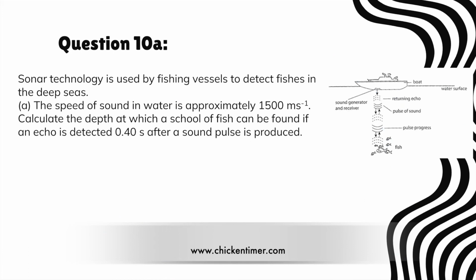You see that this drawing is somewhat similar to the drawing you have just now. What is 1500 meter per second minus 1? This is 1500 meter per second. Then what's the minus 1? Okay, if you have indices, there is this rule where a to the power of negative n equals 1 over a to the power n.